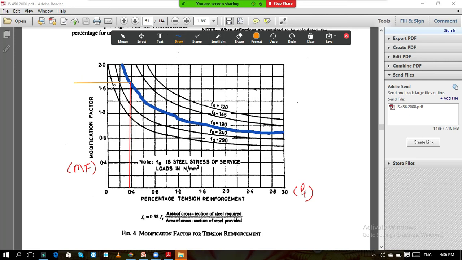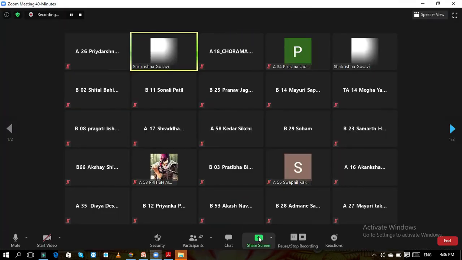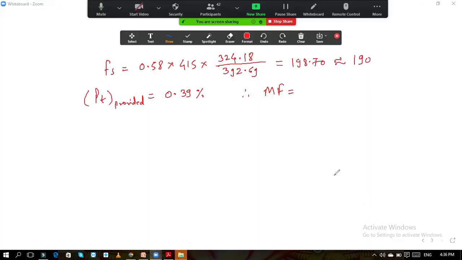This value, you can see, is nearer to 1.65, or 1.7. So this is the value of MF. Now we will again move over here. So the modification factor is 1.65.